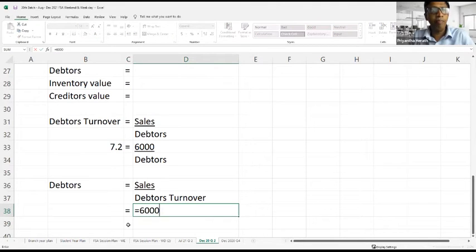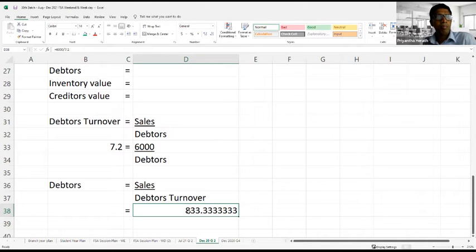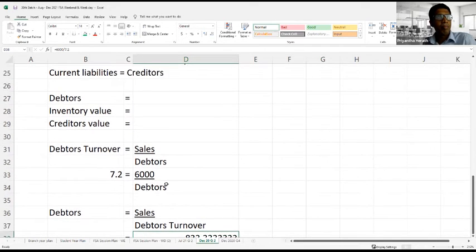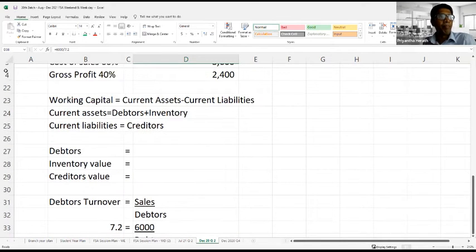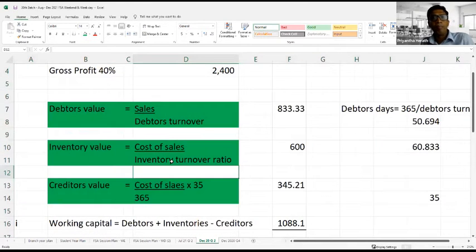How we estimate? 6,000 divided by 7.2. Right.